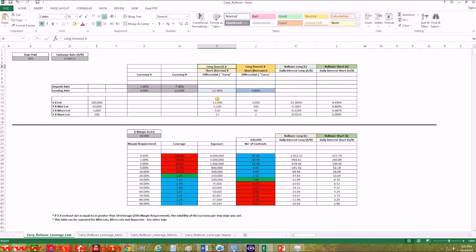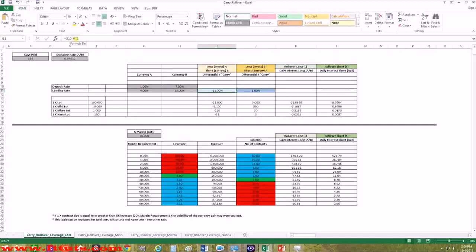Now when we look to go long currency A and short currency B, so we're basically long AB, the interest rate differential from what we receive in deposit terms on currency A and what we pay out on currency B is 11%. So we just reference the cells here, G10 minus G11.